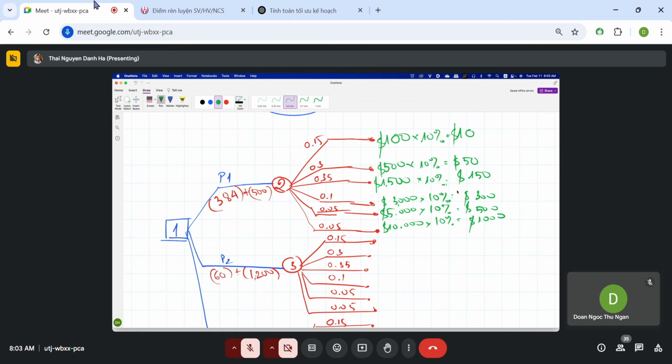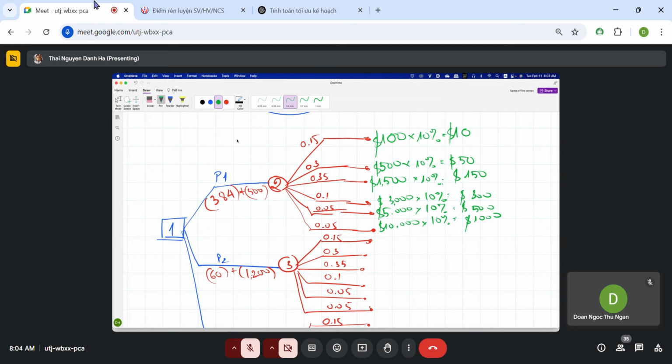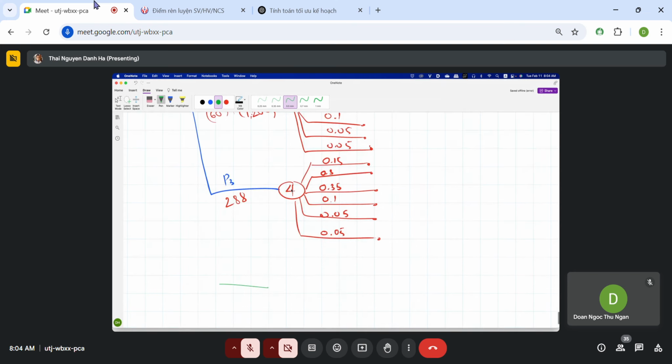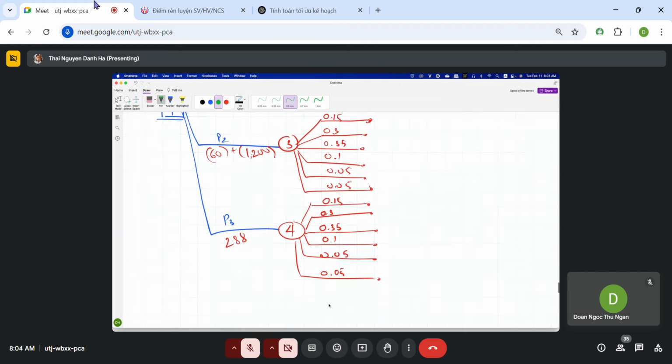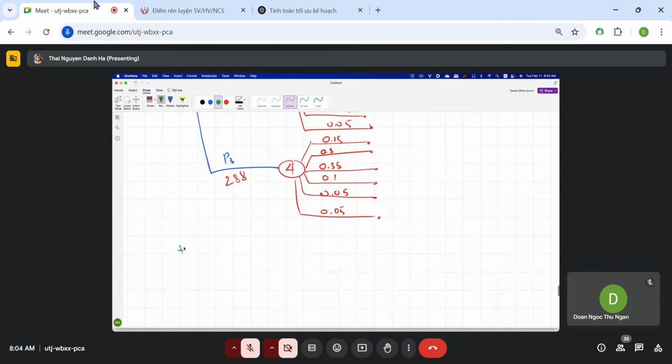From here, we can calculate the state of nature number 2.